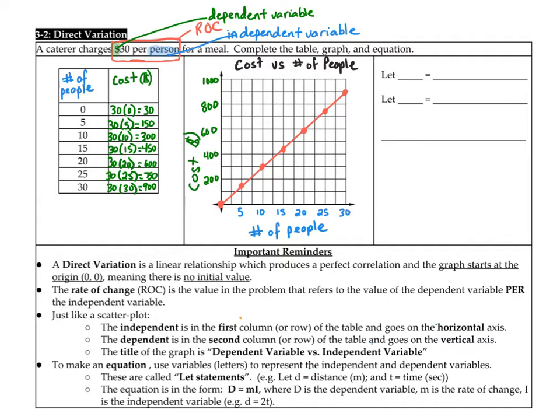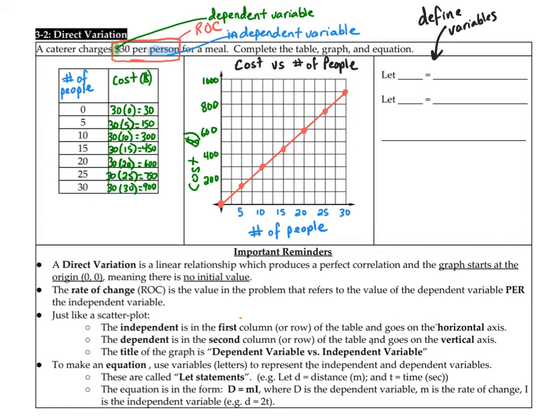And now to make the equation. The first thing you're going to need to do is what's called defining your variables. Basically we're going to pick a letter to represent the number of people and a letter to represent the cost.